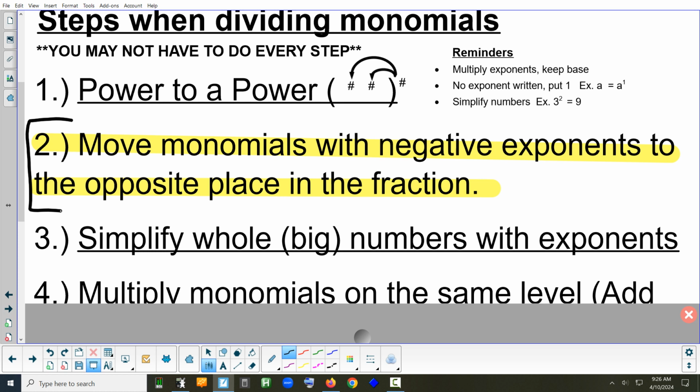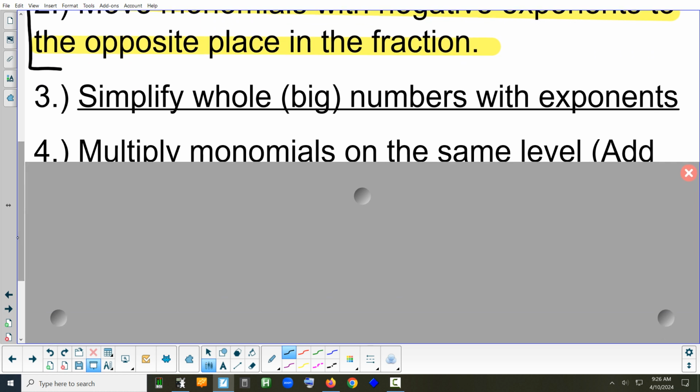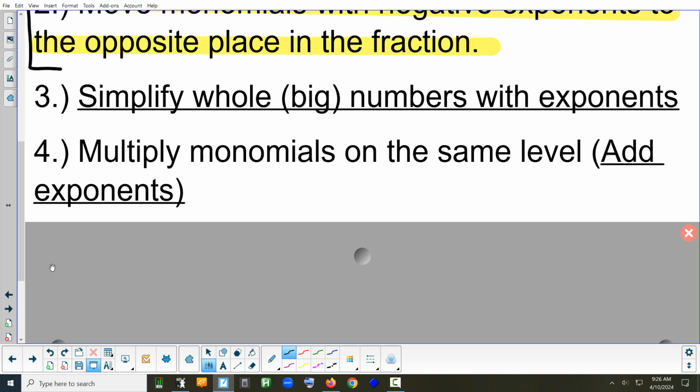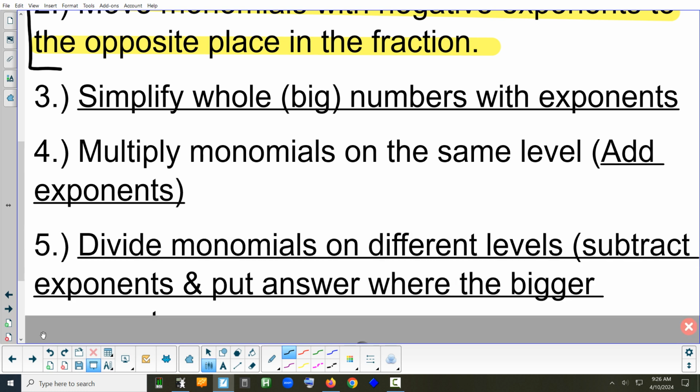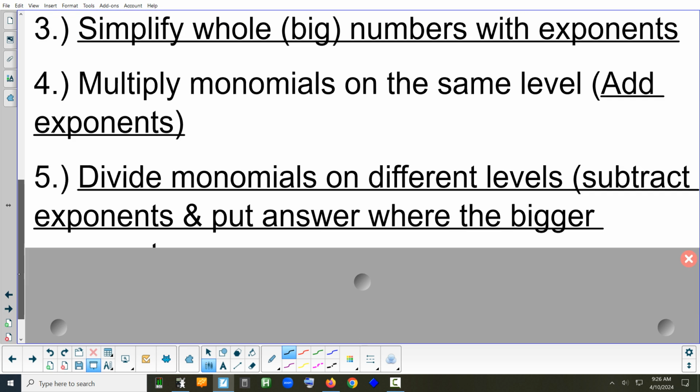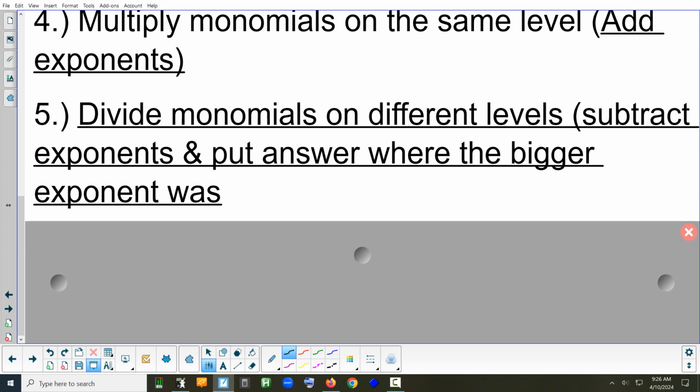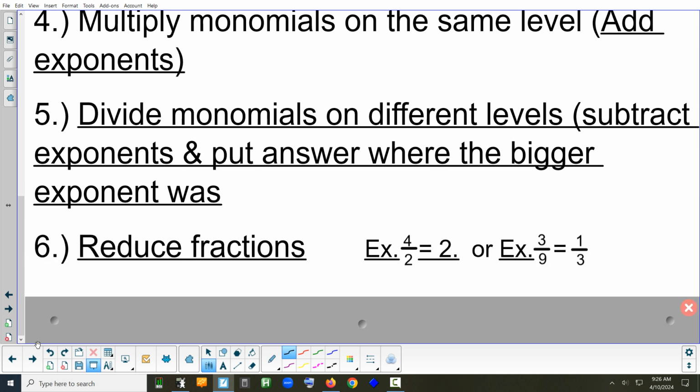We want to get rid of those negative exponents right away. Then we can do all the steps we learned yesterday. Then we reduce our fractions if we can. We simplify things that are on the same level. Then we simplify things that are on different levels. I think I have reduced fractions in here twice. Doesn't need to be written twice.